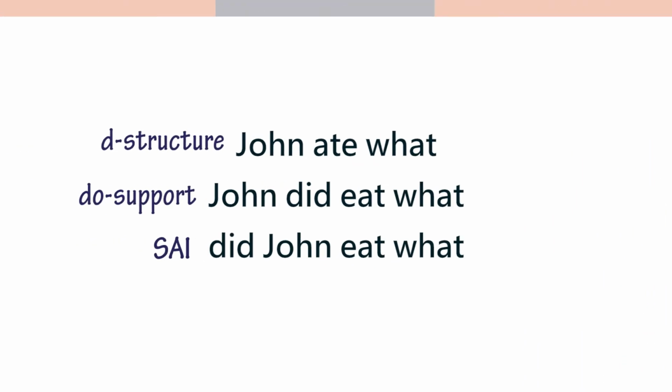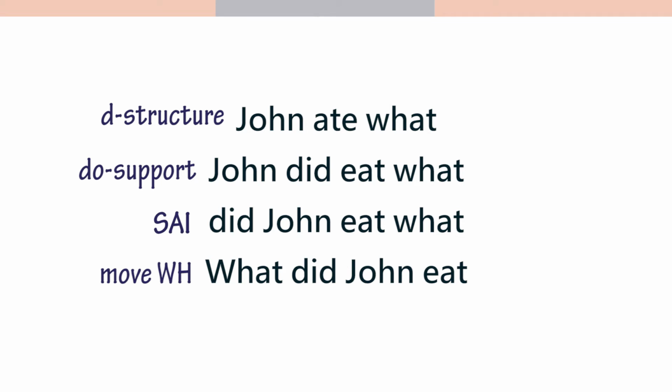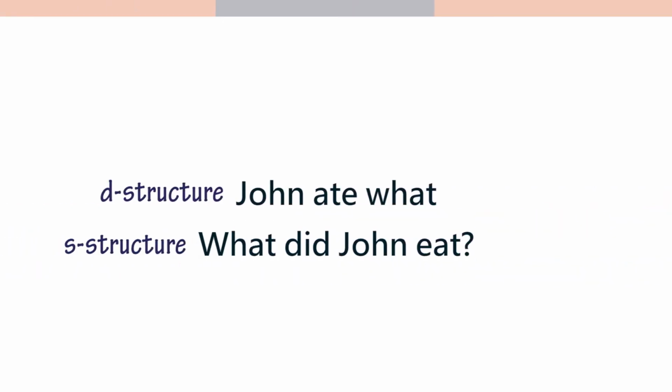Now we need another level of transformation, which is called move WH, or you can call it WH movement. So what do we do in this level? We move what to the beginning. Now, we have the S structure, which is what did John eat?